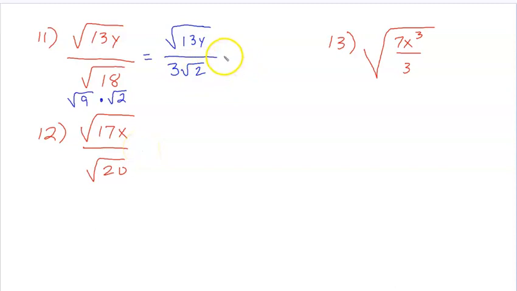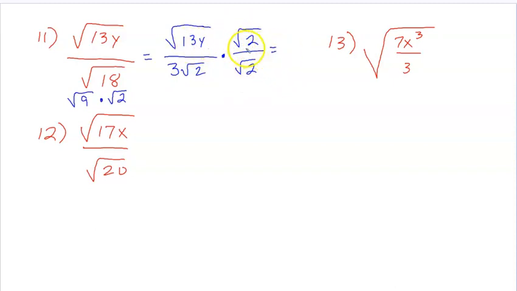Now I'm just rationalizing the radical in the denominator. So I don't have to multiply by 3 root 2. I just need to multiply by the radical. I just need to get rid of the radical in the denominator. That's what this process is all about. Essentially I'm just multiplying by 1.